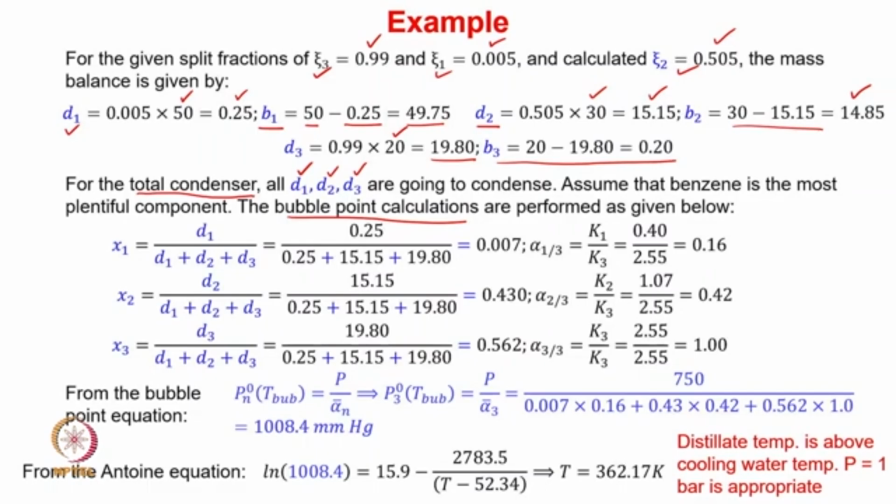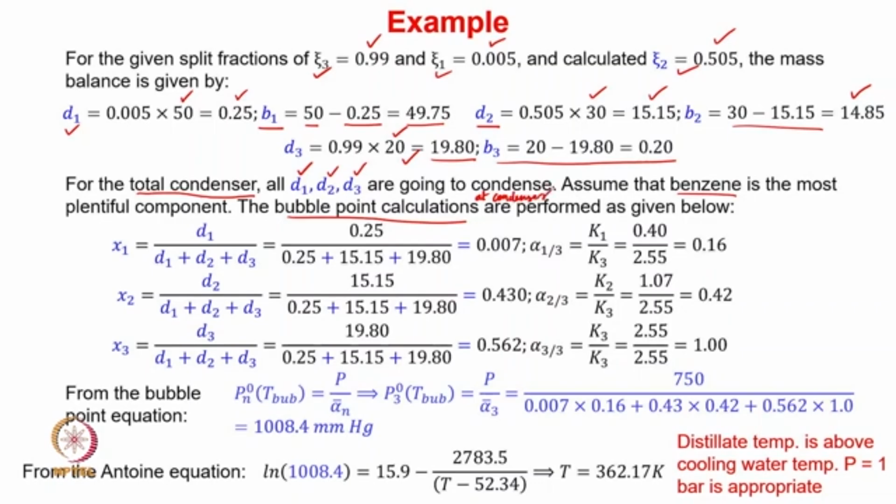Everything has to be condensed. So now for condensing, remember what is the abundant component present in the distillate. The abundant component present in the distillate is benzene, isn't it? So we can obtain the relative volatility of all the components with respect to benzene, with respect to the condenser. So all these calculations are with respect to the bubble point calculations at condenser.